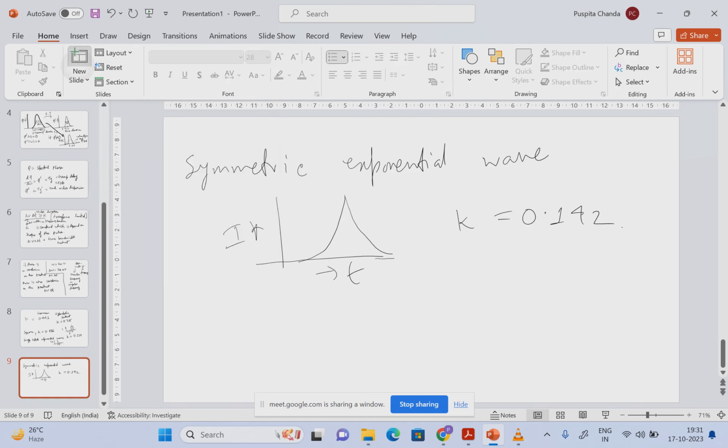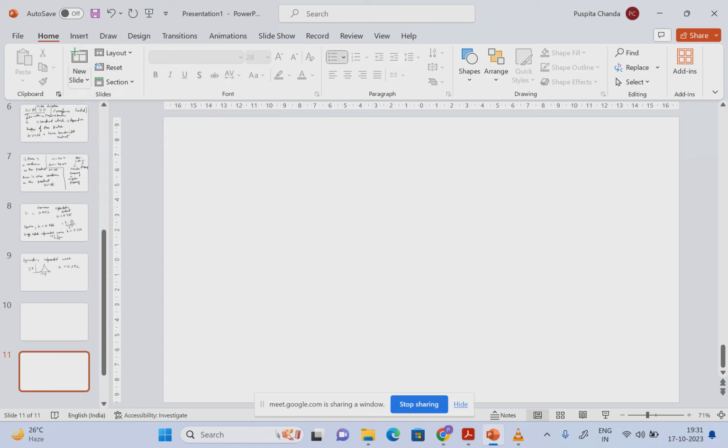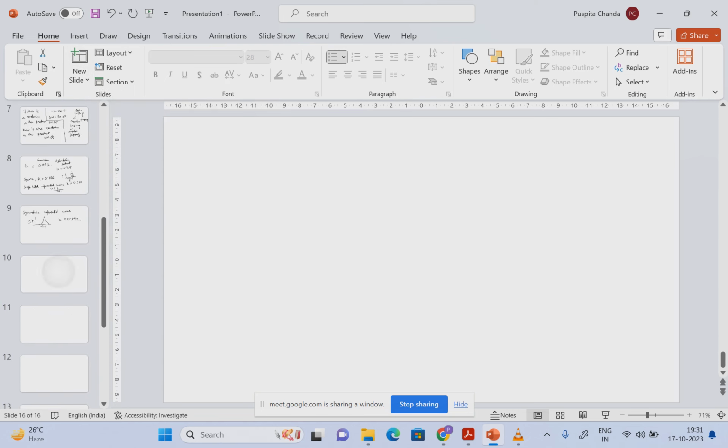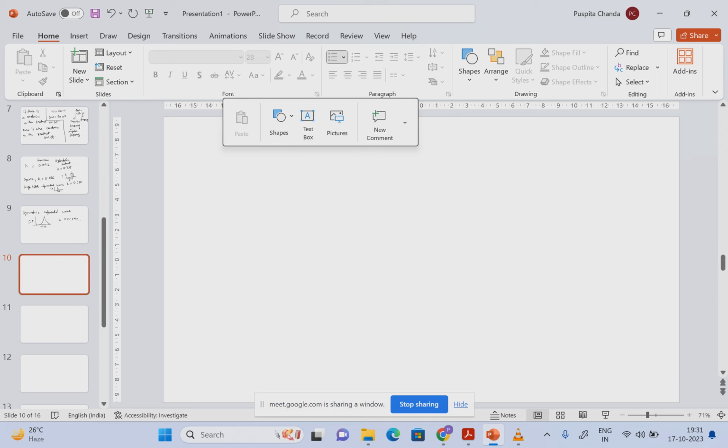They get dispersed because of the medium and also because of the geometry.